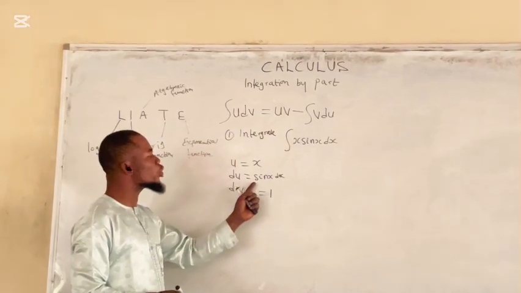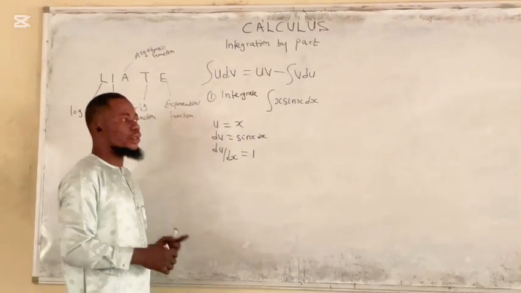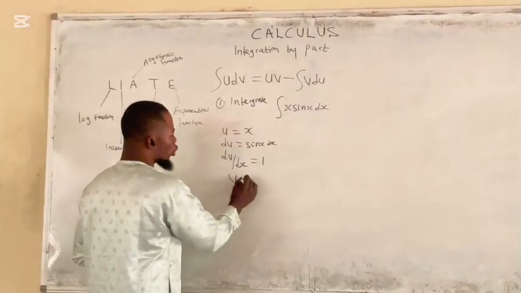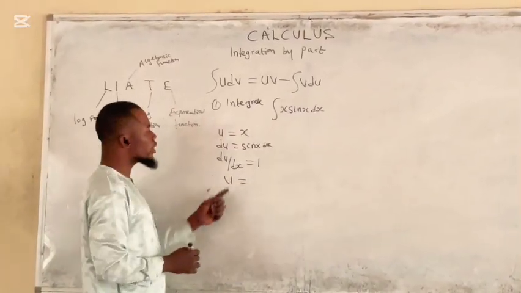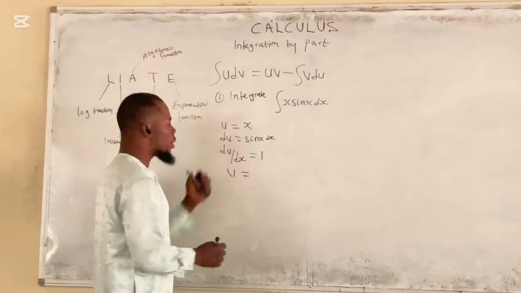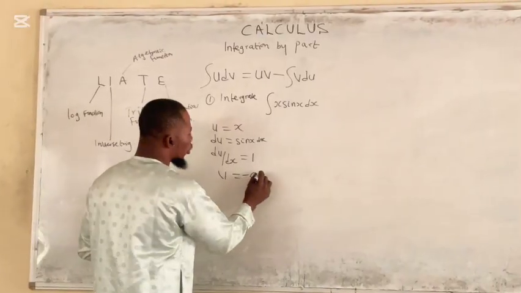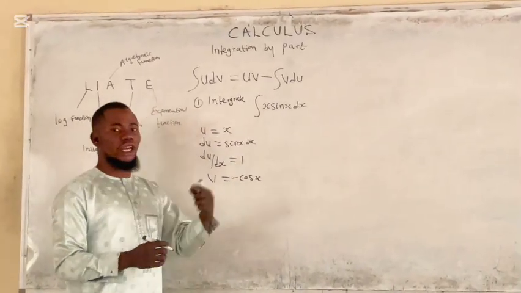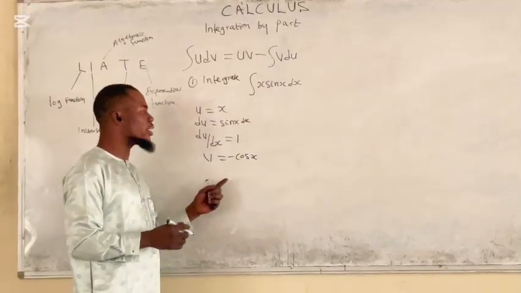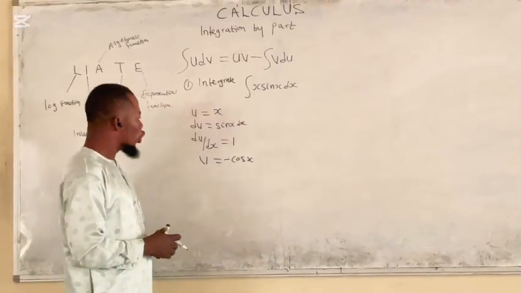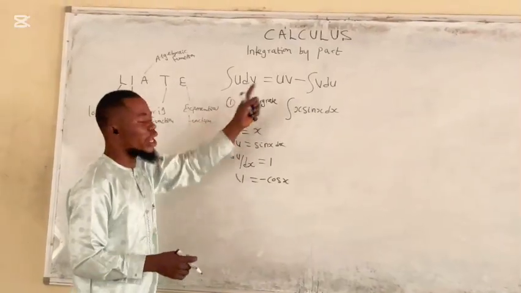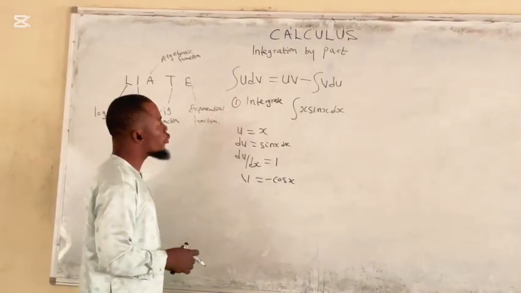Integrating dv equals sin x dx, v equals minus cos x. The integral of sin x is minus cos x, whereas the integral of cos x is sin x.